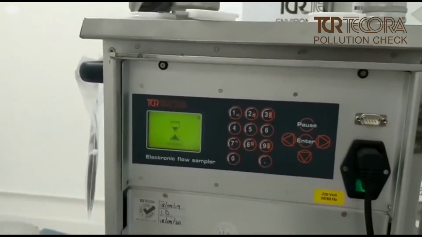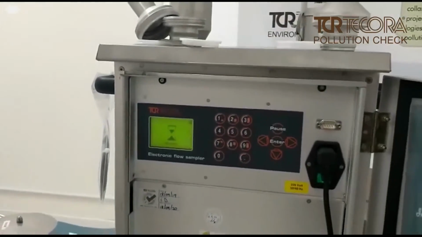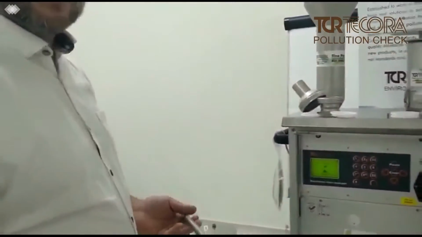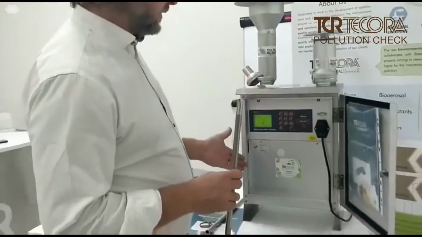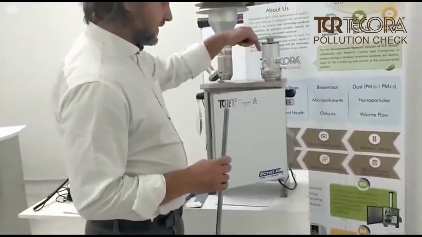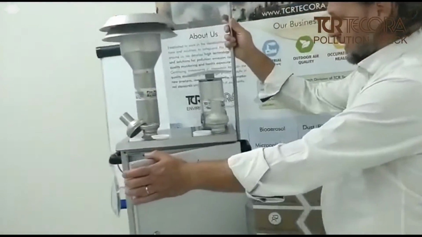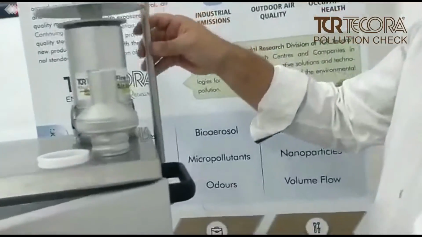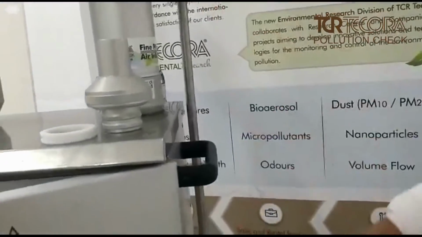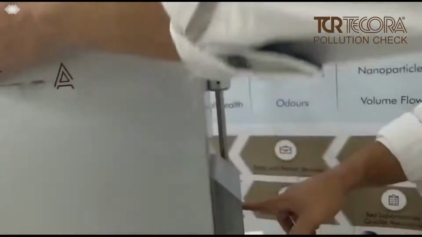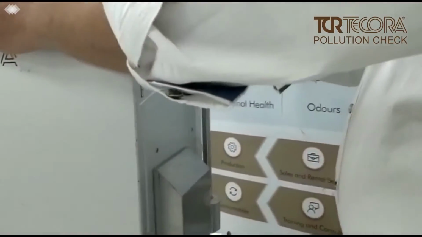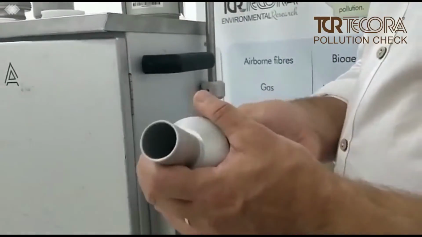Normally we have to prepare the sample line before. This is the pipe for the sample line. This set has only one sample line, in this position. So in this position you have the main tube. This is the entrance for the main tube here. Then we can install the filter holder.